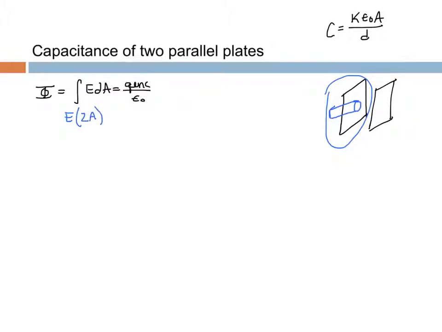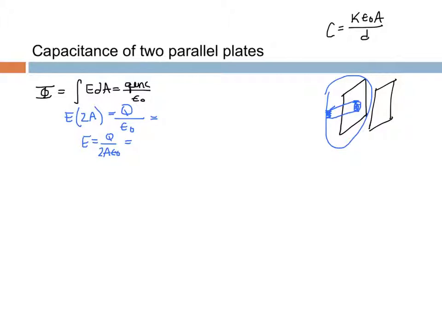That means I have an area on this side of the sheet, and I have that same area on this side of the sheet. So I have 2 times that area. Again, my charge enclosed will just be the charge on the plate. So this gives me an electric field equal to Q over 2A epsilon naught.